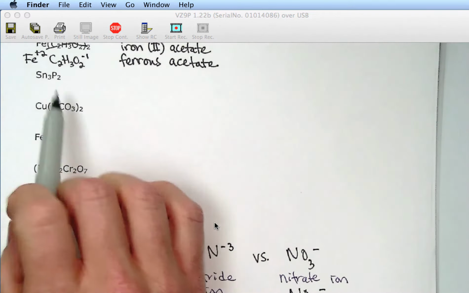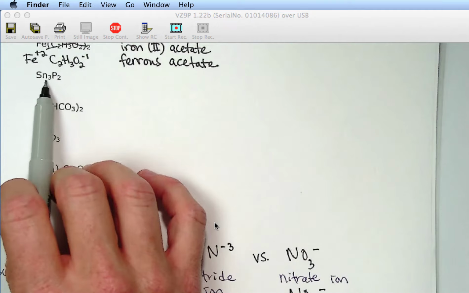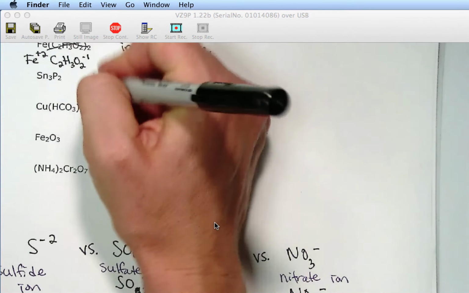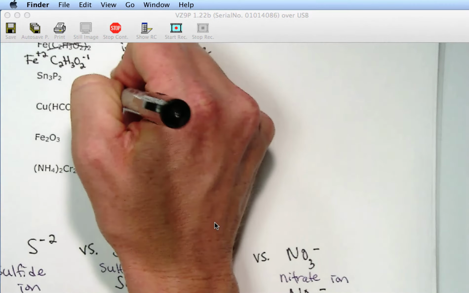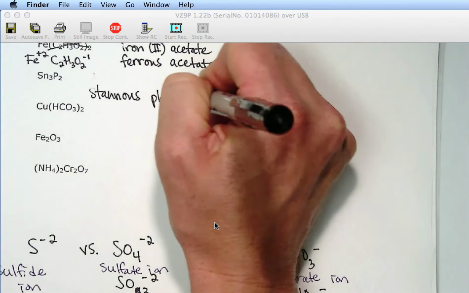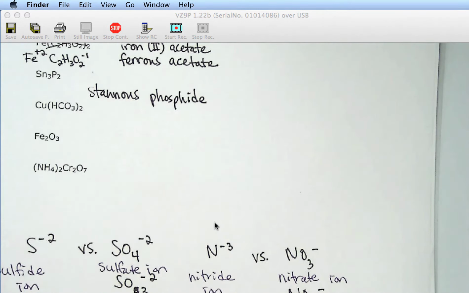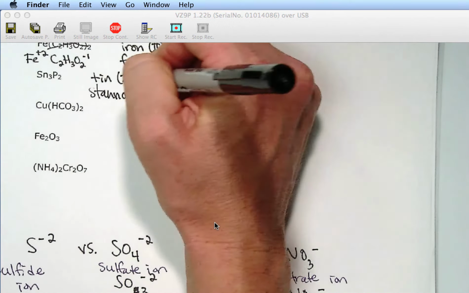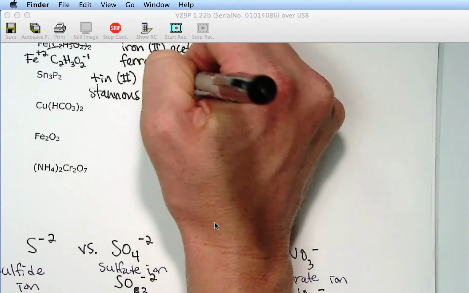How do you name this compound? Stannous phosphide. Or, what's the other way? Tin 2 phosphide. Good.